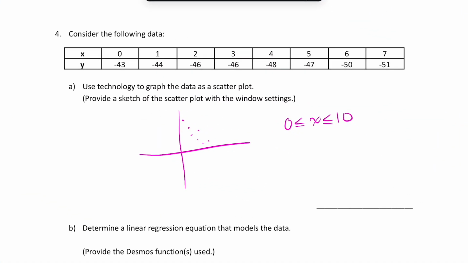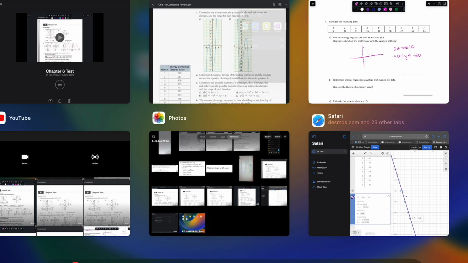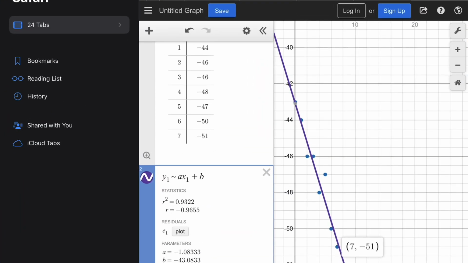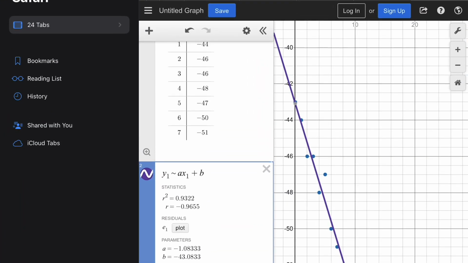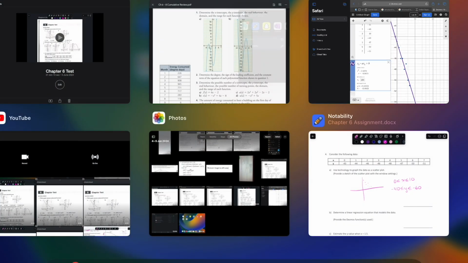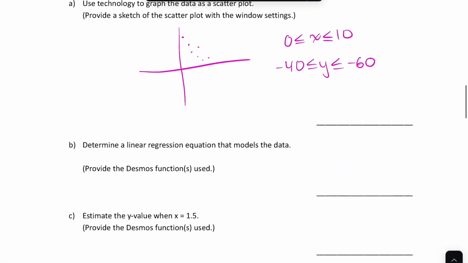Sorry, I'm wasting time. This domain and range stuff, I guess just make sure it encompasses the data. I don't really see how they're figuring out what it's supposed to be. Does it say anything here? No, it doesn't say anything on the data, on Desmos, so yeah. Not too sure about that, my apologies.